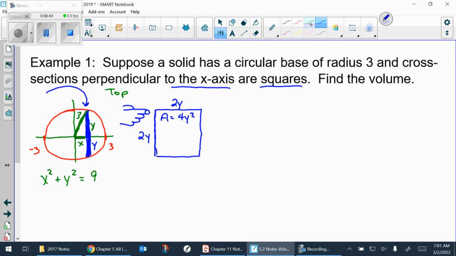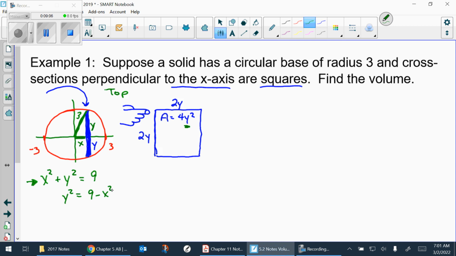Let's come back down here and let's see what's going on down here. I'd like to know what y squared is in terms of x's. So I know that y squared is 9 minus x squared.